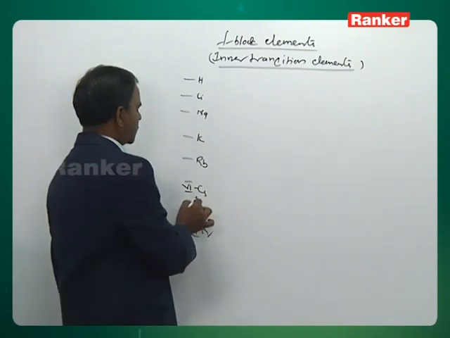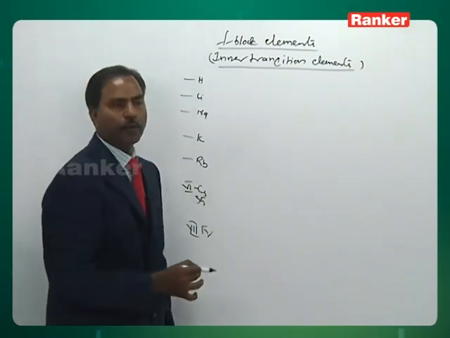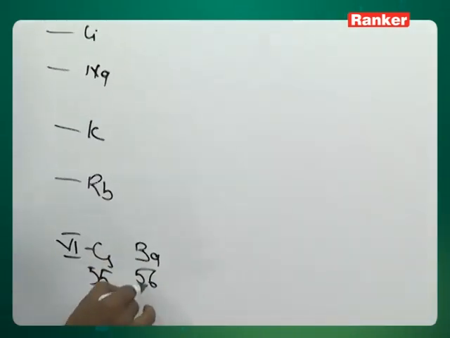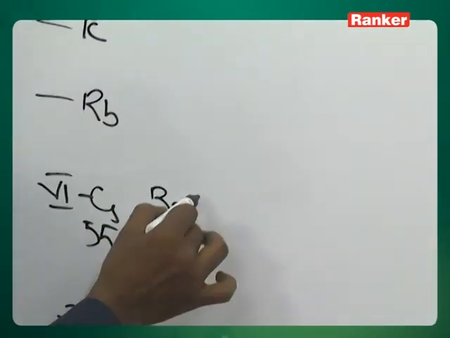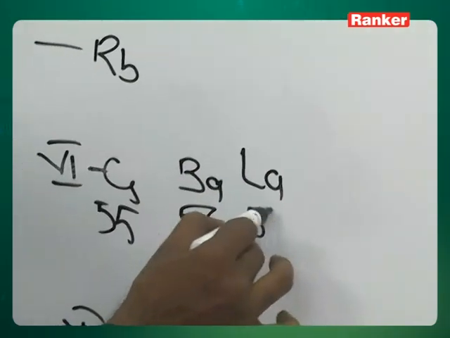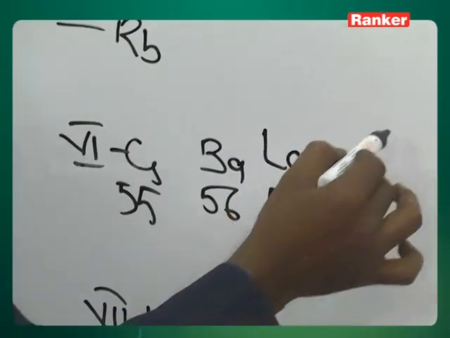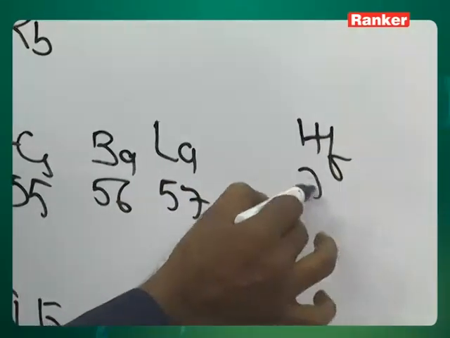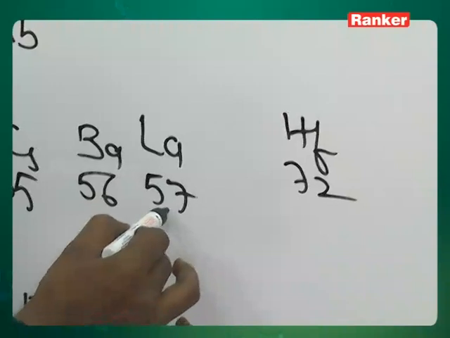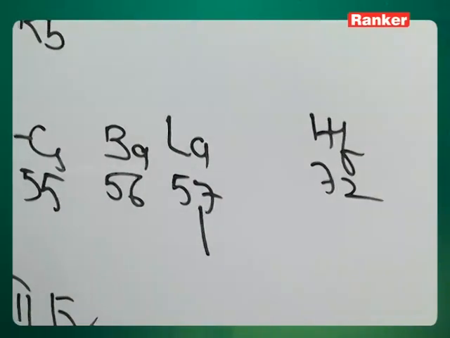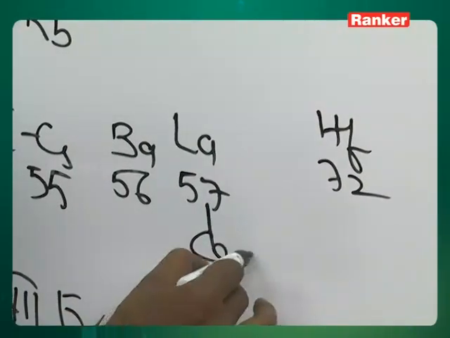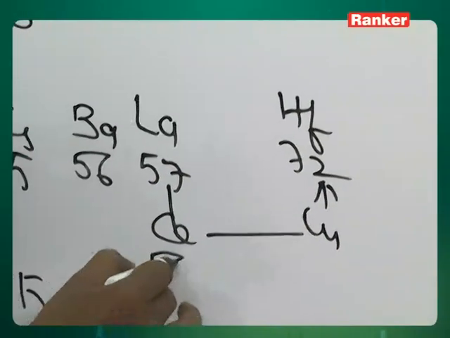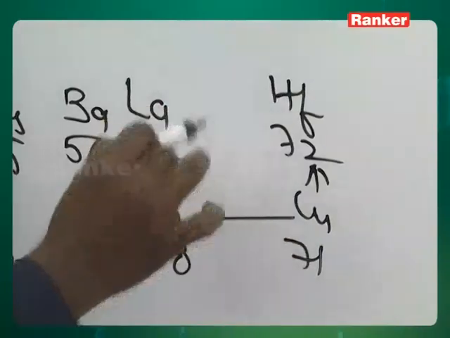Now the atomic number of cesium is what? 55. After 55 the element is barium, 56. After 56 you are getting lanthanum, 57. Lanthanum to hafnium, 72. In between lanthanum and hafnium, the elements are cerium to lutetium, 58 to 71.